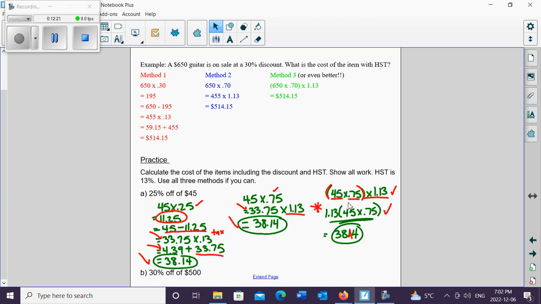That is for probably the grade 7s, but the grade 8s learn that you could put a number outside a set of brackets without a multiplication sign, using something called the distributive property, and it's still good. So this would be a wonderful way for my grade 8s to show it, 1.13 times 45 times decimal 0.75 in brackets, and you will get the exact same answer of 38.14.